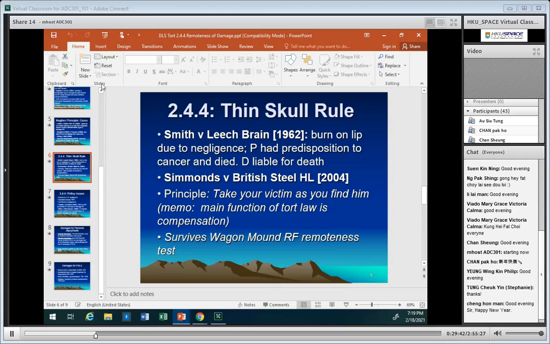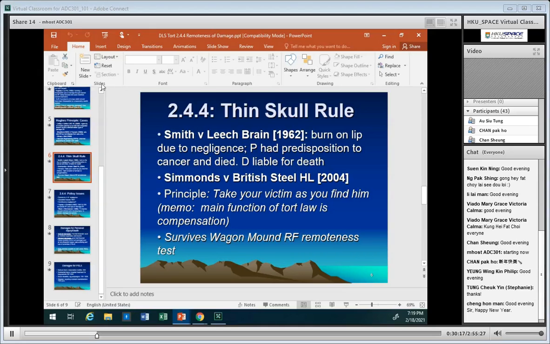But he did, and so there was a negligence action started, and the court applied the principle: you take your victim as you find him. The fact that the employee contracted cancer from the burn and therefore died, you take your victim as you find him. It's bad luck if you injure somebody who is very sensitive, so to speak, because the main function of tort law, everybody, is compensation.